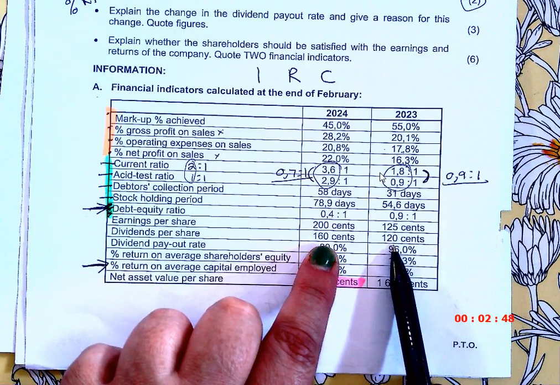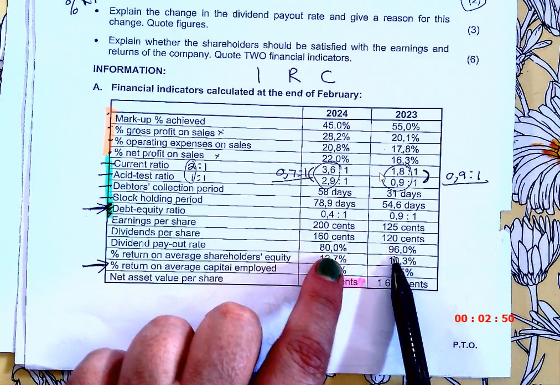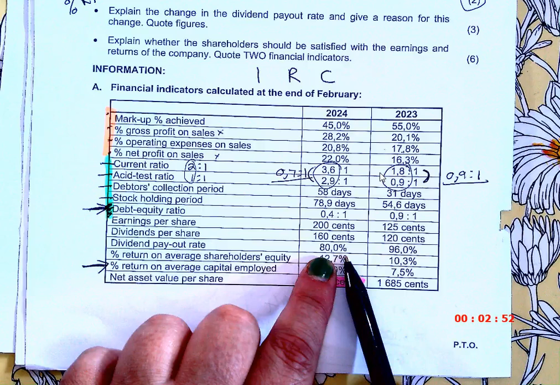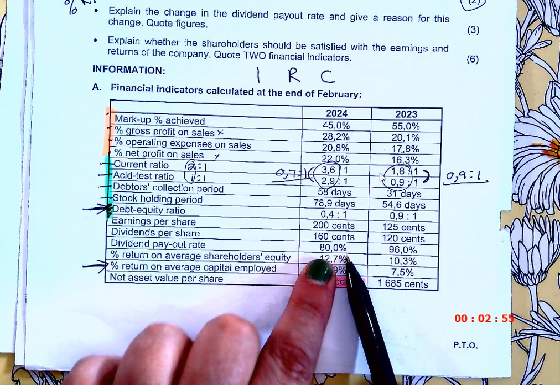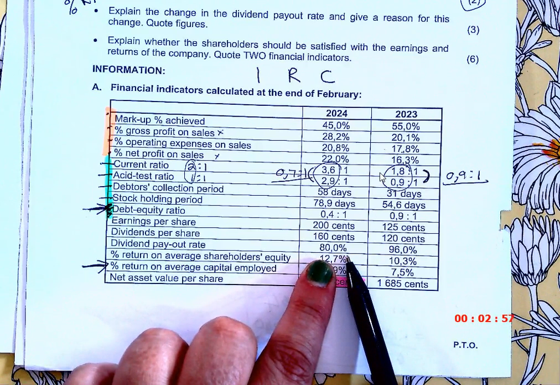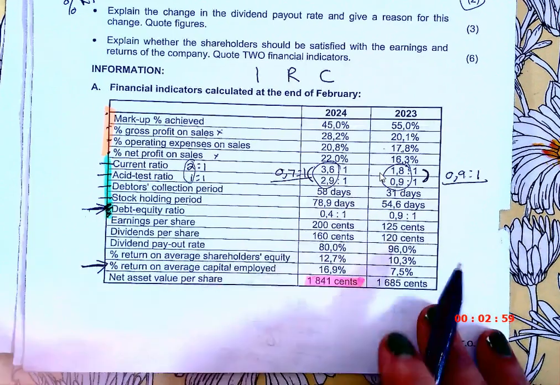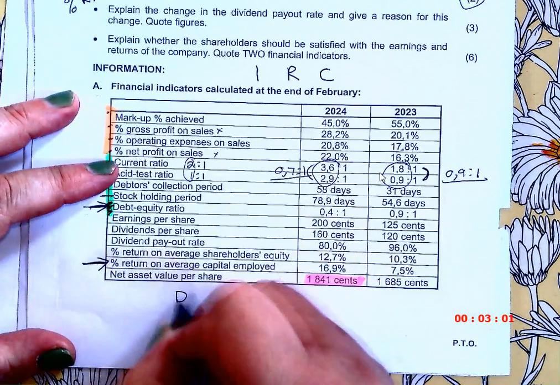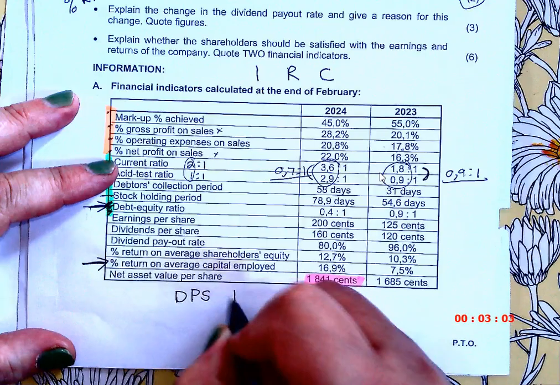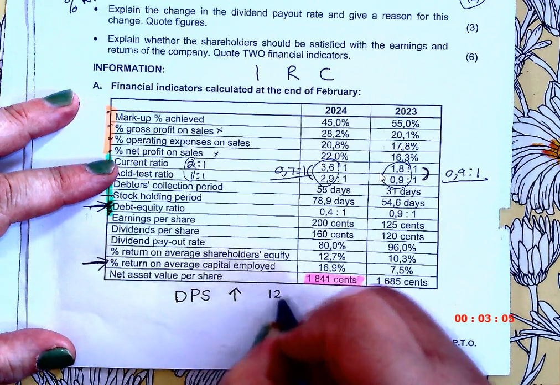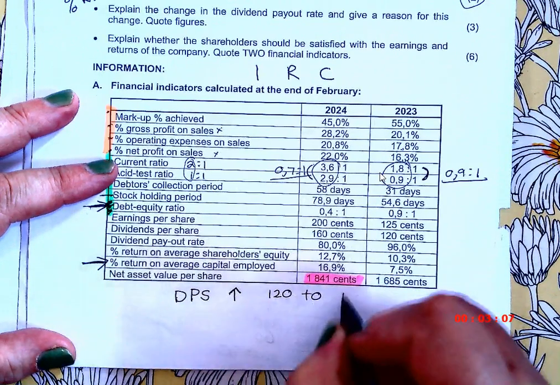Now, let's go look. My dividend payout rate is less. What does that mean? Can you see here, if you look, the DPS increased from 120 to 160.